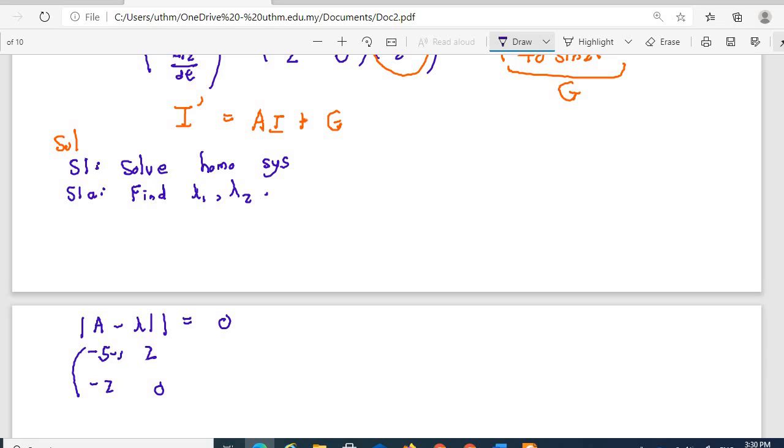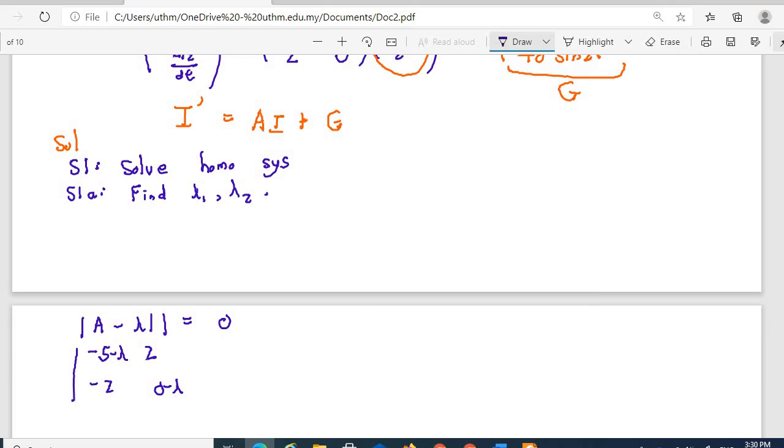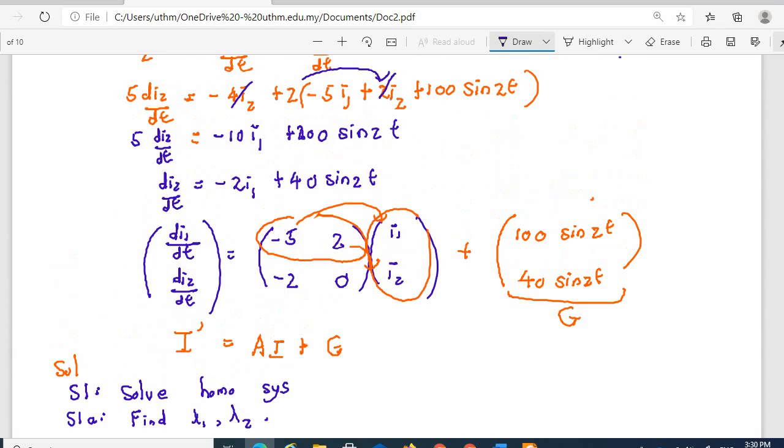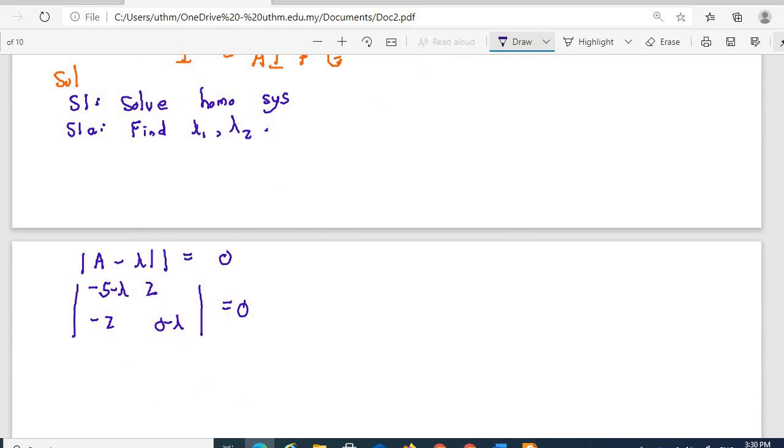So this one is minus lambda, is minus lambda. Determinant, equal to 0. So anyone have problem to find the eigenvalue or not?